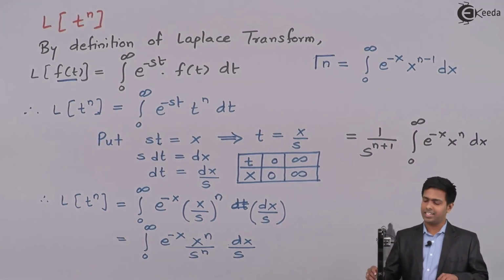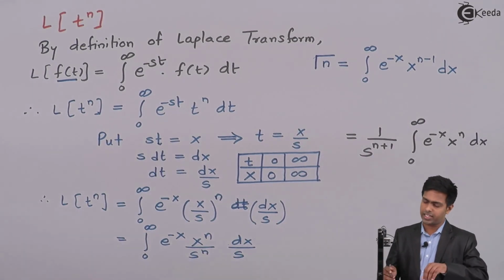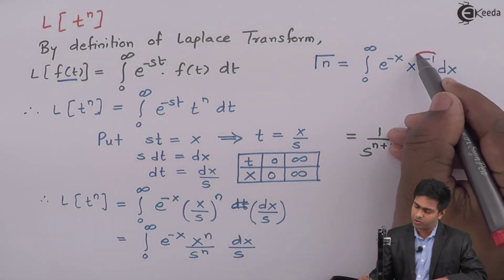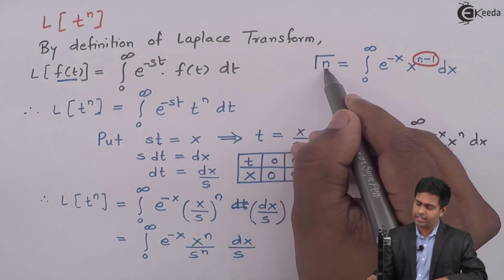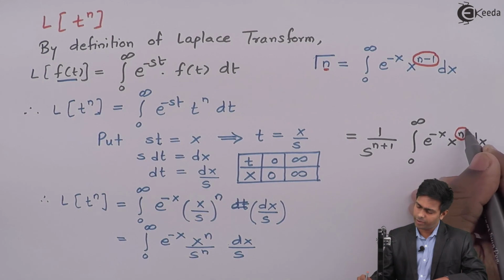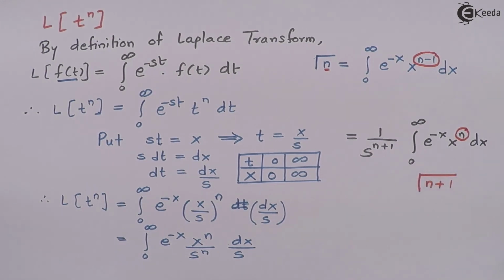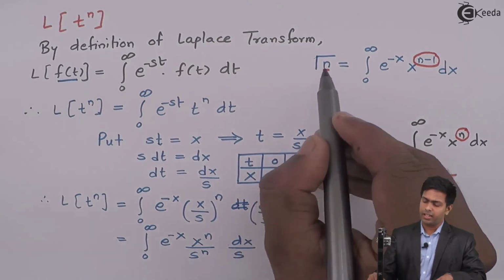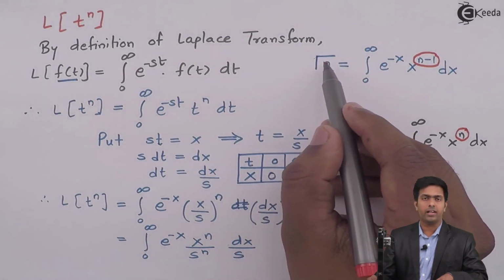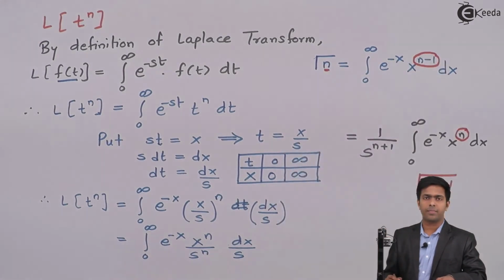Now let's compare this integration with the definition of gamma function. The gamma function says that when we have power n minus 1, we get n in the gamma. Now the power is n. It means in gamma we are gonna get n plus 1, because always the value in gamma is 1 greater than the power of x.